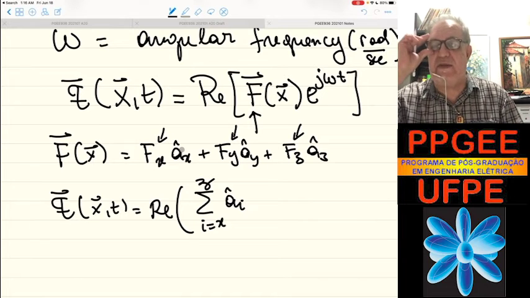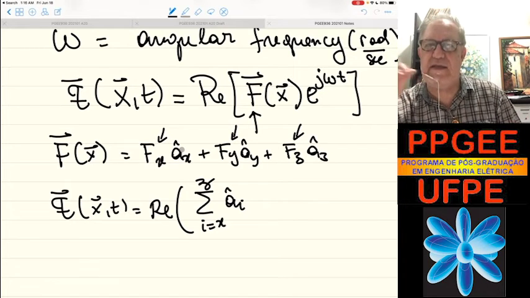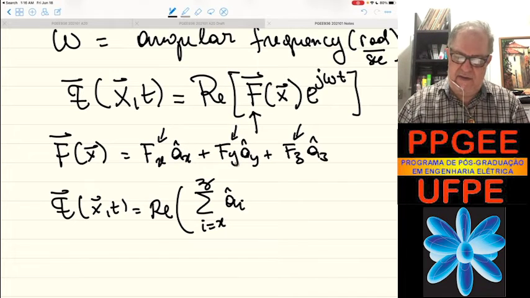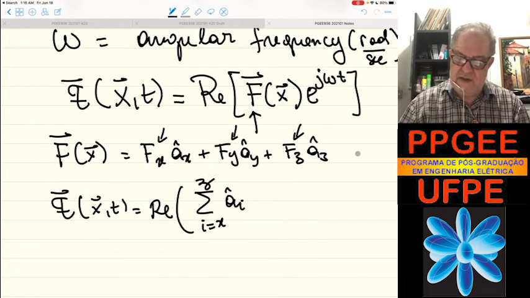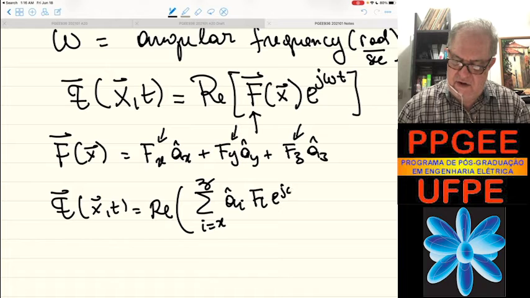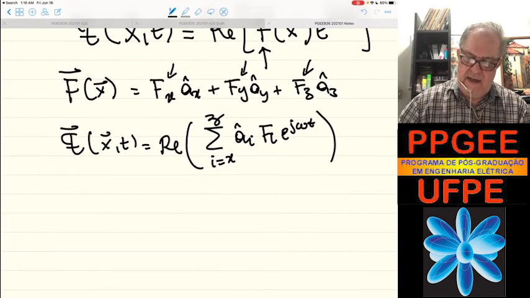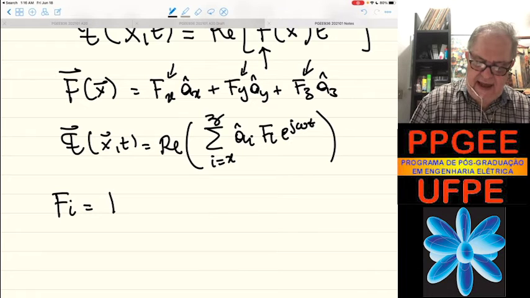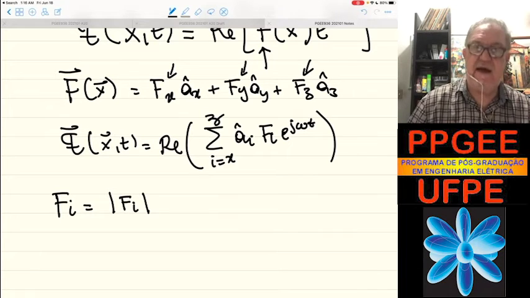Sometimes we might play with the versors using complex versors too, but for now, I'm decomposing in real versors, okay? So we're going to use that. It's going to be Fi exponential of j omega t, okay? So Fi is a complex number which has a magnitude and a phase.